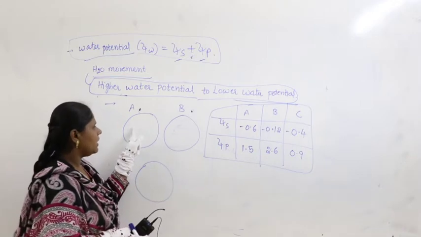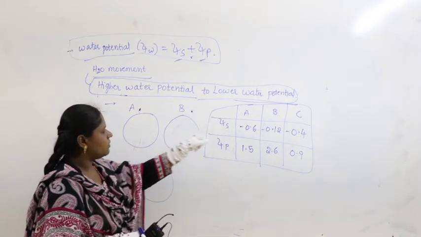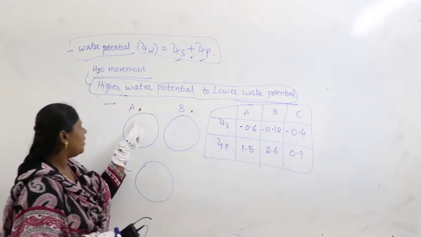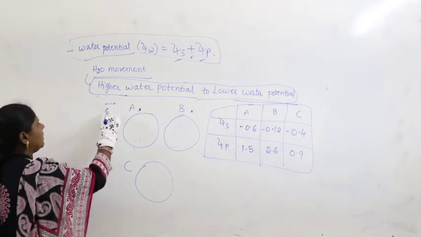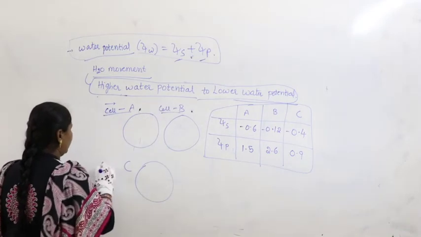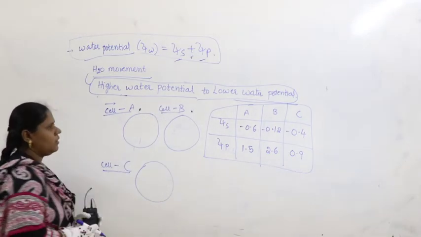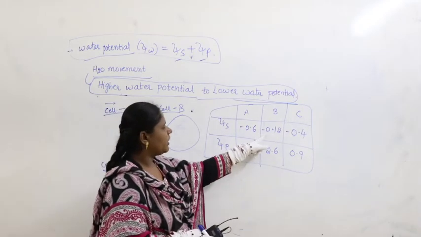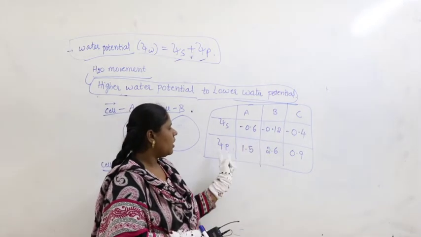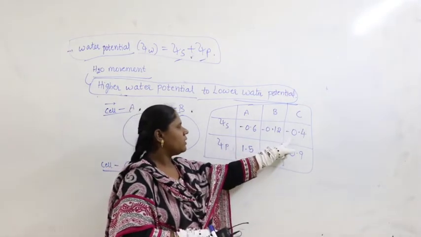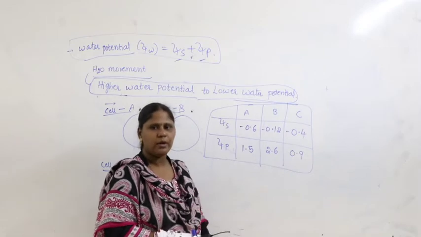For cell A, solute potential value is minus 0.6, pressure potential value is 1.5. Then for cell B, solute potential is minus 0.12, pressure potential applied is 2.6. For cell C, minus 0.4 and plus 0.9.